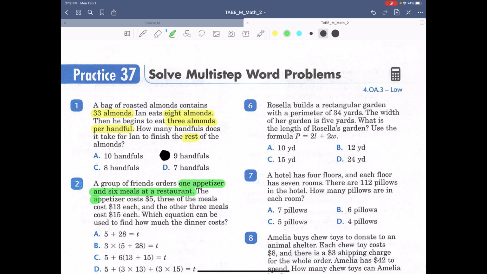The appetizer costs $5. 3 of the meals cost $13 each, and the other 3 meals cost $15 each. Which equation can be used to find how much the dinner costs?